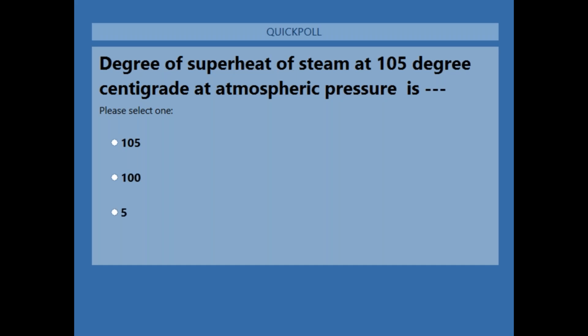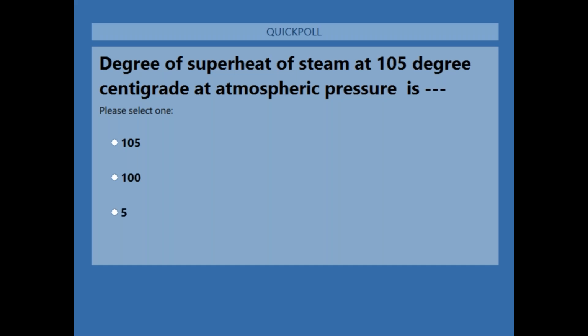If heating continues up to 105 degrees centigrade and you then stop, the steam has reached a temperature of 105, whereas the boiling point was 100 degrees centigrade. The difference between the temperature of the steam and the boiling point is 5 degrees centigrade, and that is called the degree of superheat.